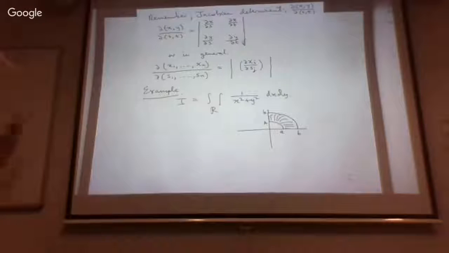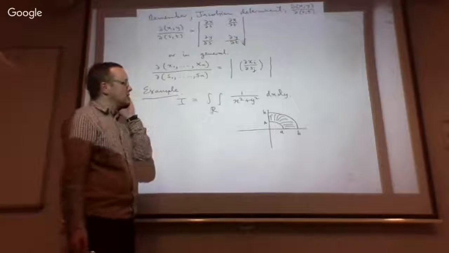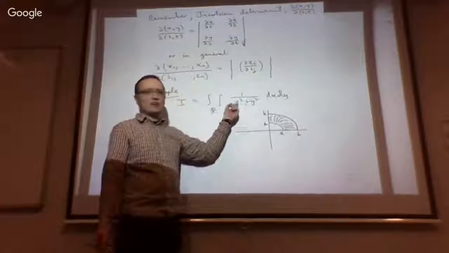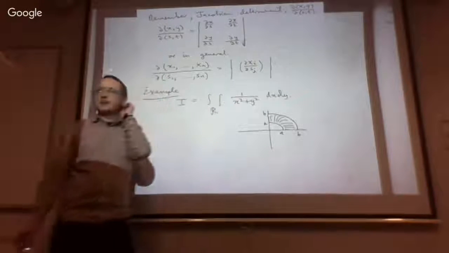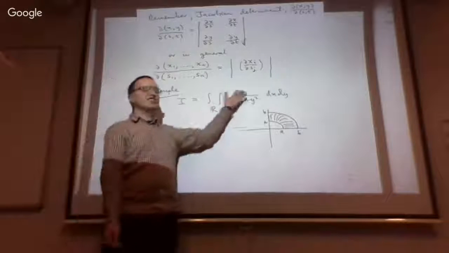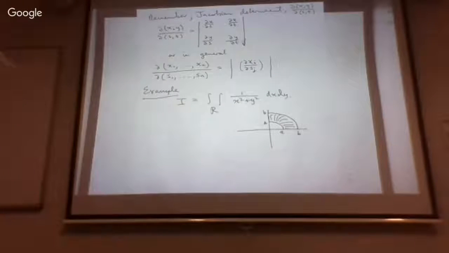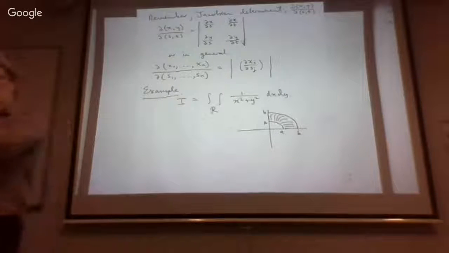And the algebra can be messy, and it can become undoable. And secondly, the function we're asked to integrate, 1 over x squared plus y squared, well, that's quite circular as well, because x squared plus y squared is, of course, the square of the radial distance. The radial distance of a point from the origin with coordinates x, y is the square root of x squared plus y squared. So x squared plus y squared is the square of the radius.